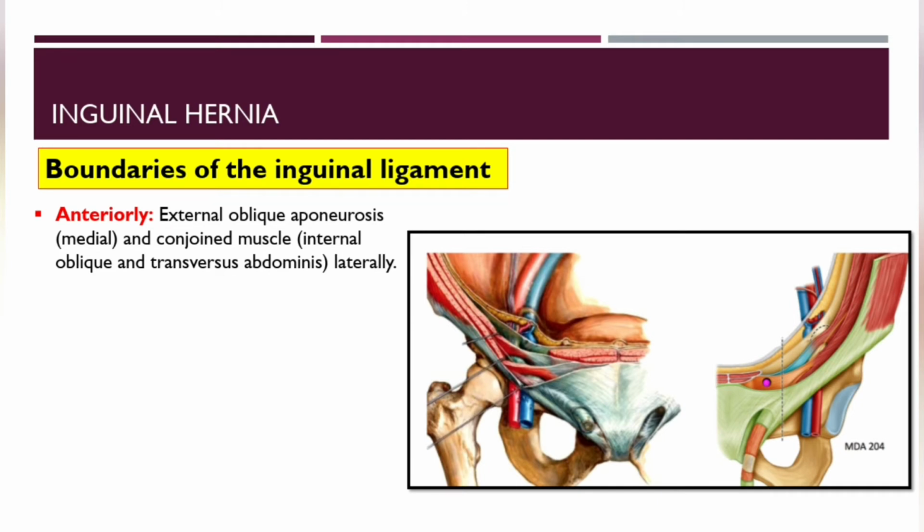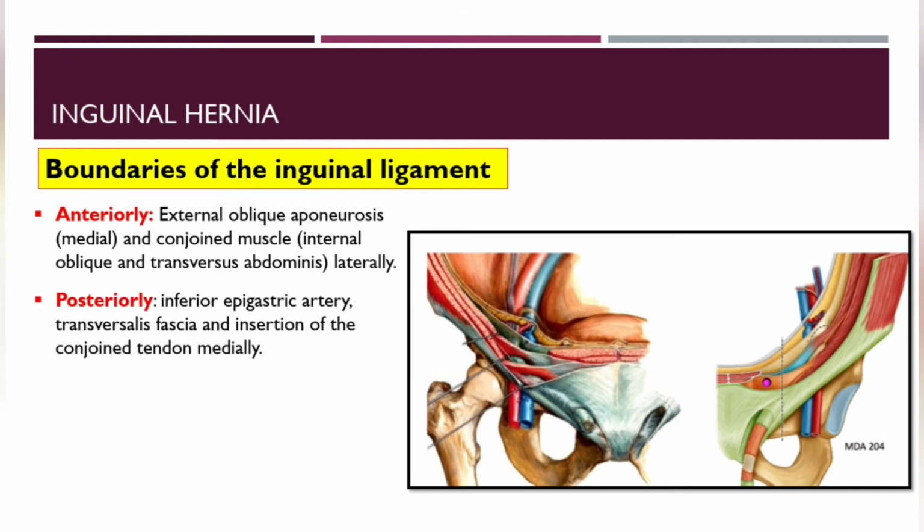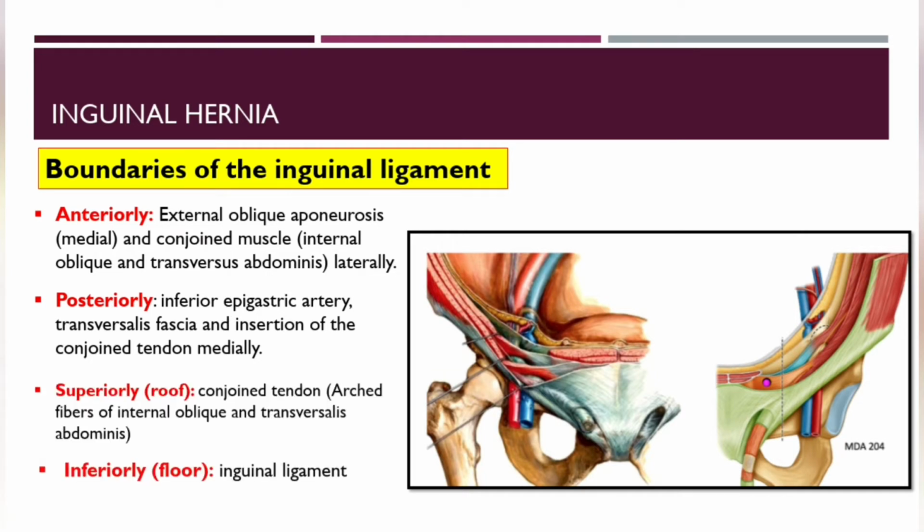Posteriorly, there is the inferior epigastric artery, fascia transversalis, and the insertion of the conjoined tendon medially. Superiorly, or the roof, the conjoined tendon, the fibers of the internal oblique and transversus abdominis. Inferiorly, that's the floor, there is the inguinal ligament.